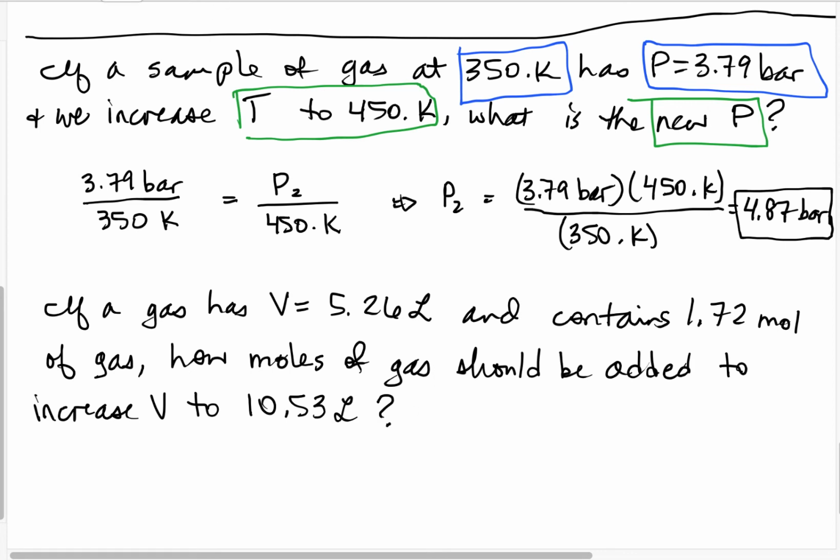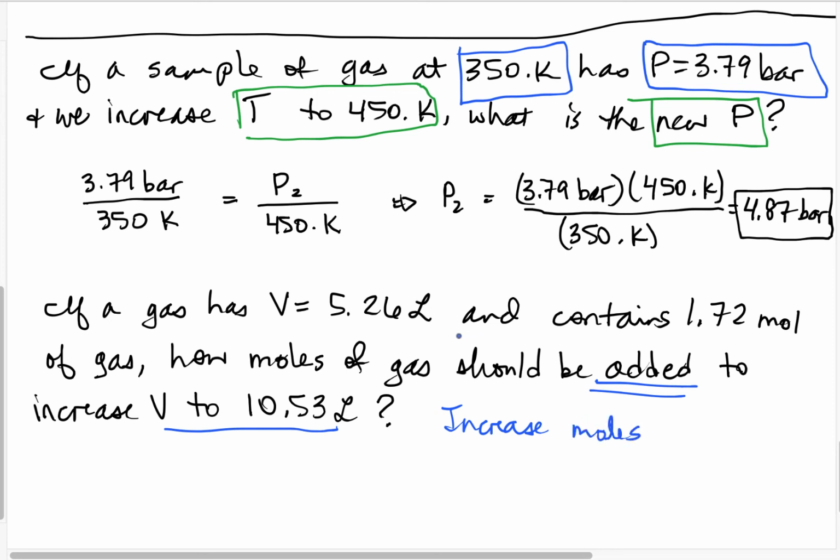Okay, so we know our general relationship is a direct relationship. So if we want to increase the volume, we need to increase the number of moles. And that's actually even part of the problem, right? I said how many moles of gas should be added. So I've already told you that our number of moles are going to increase.